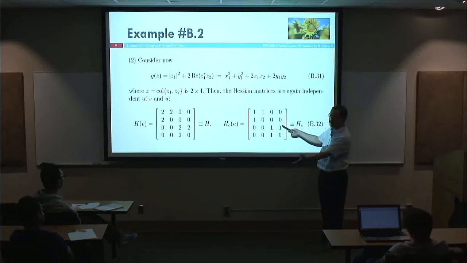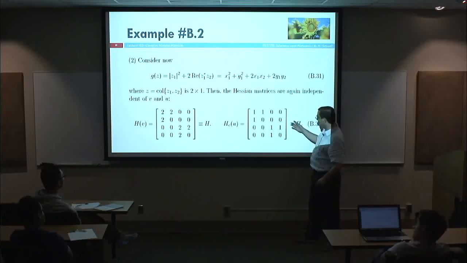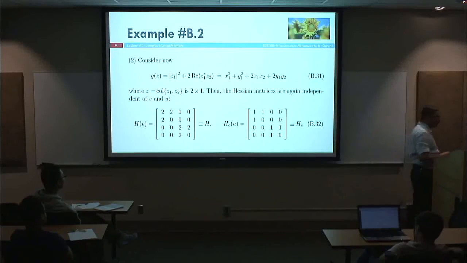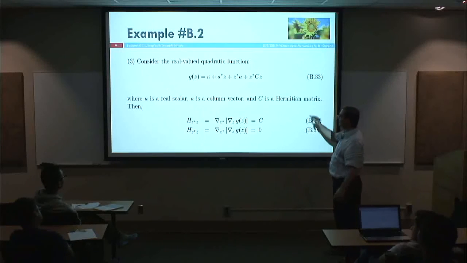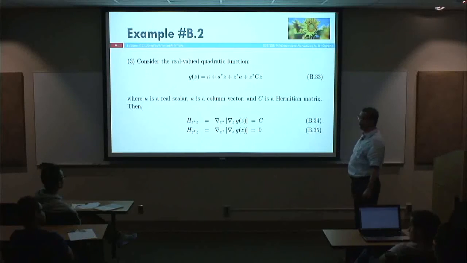This is what you're going to get, okay? And I write h sub c just to emphasize that in this particular case, it's independent of u, a constant, right? Now, I think this second example is important because it will come up many times in our work: quadratic functions. You will do other examples in your homework, but this is a quadratic example.